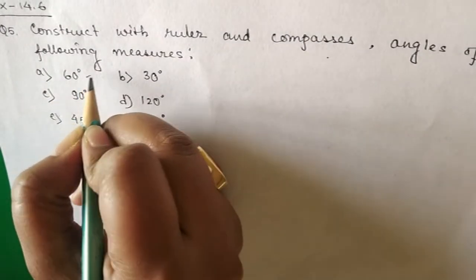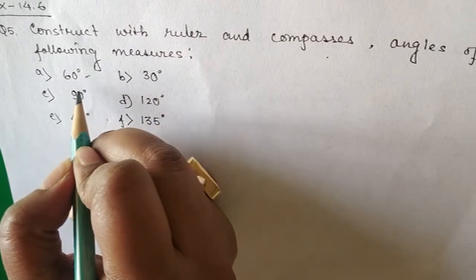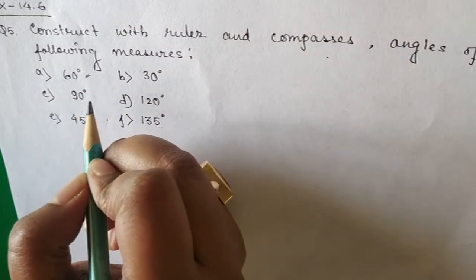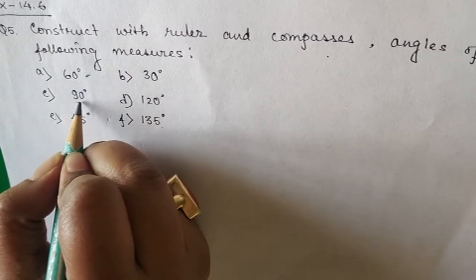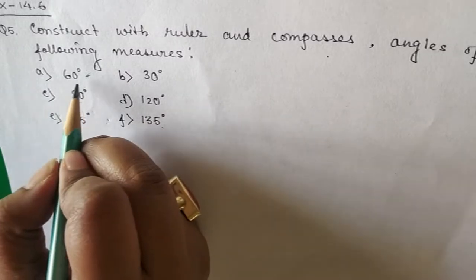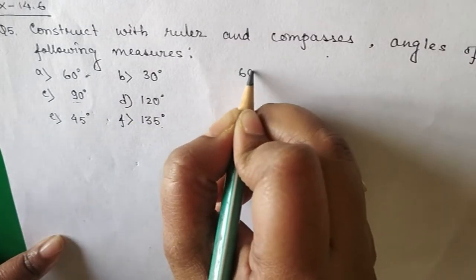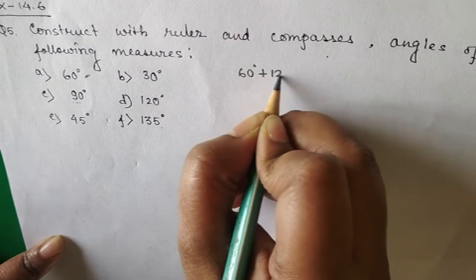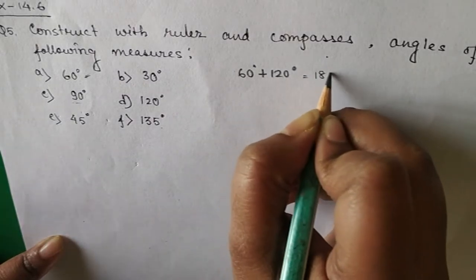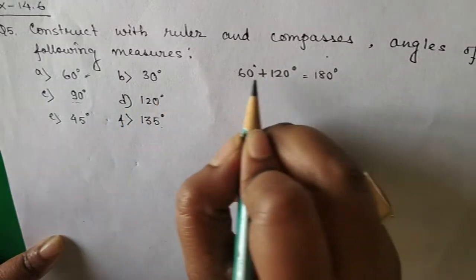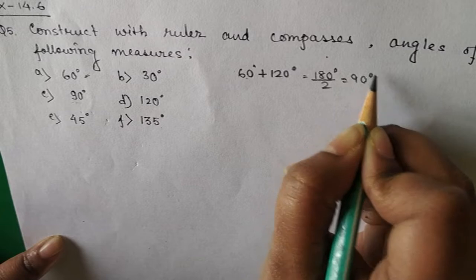Now 60 degree we have got before, because while doing 90 degree we have done this 60 degree. Okay, this we have done before. Now 90 degree we have seen that it will be in between 60 and 120. If you add 60 and 120 degree, then we will get 180 degree, and if you bisect 60 and 120 degree, then we are getting 90 degree.